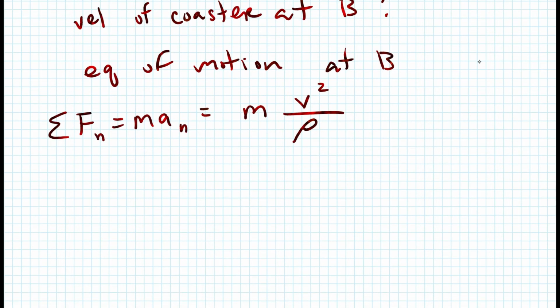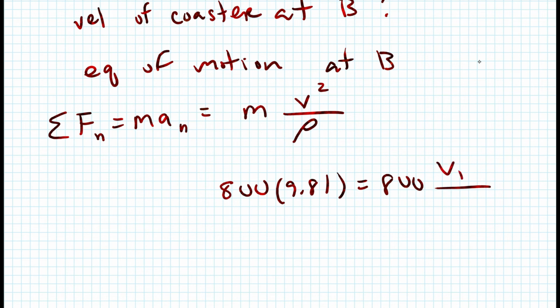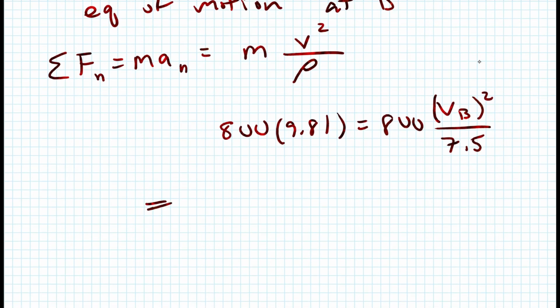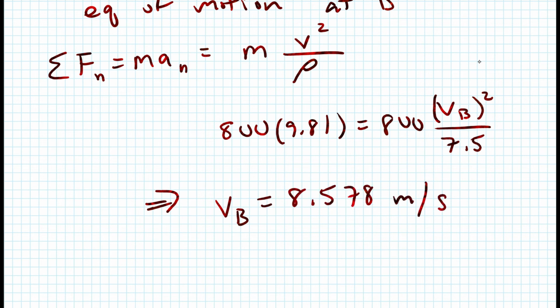So we have 800 times 9.81 equals 800 times v sub B squared over 7.5, which is what we substitute in. Solving for it gets us v sub B equal to 8.578 meters per second.